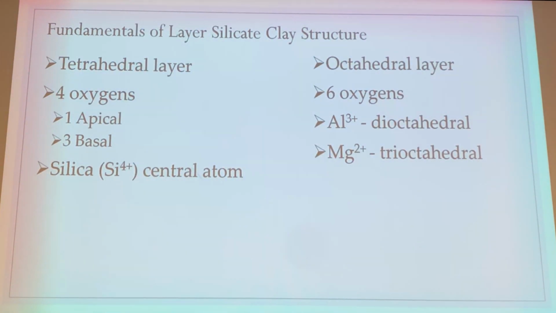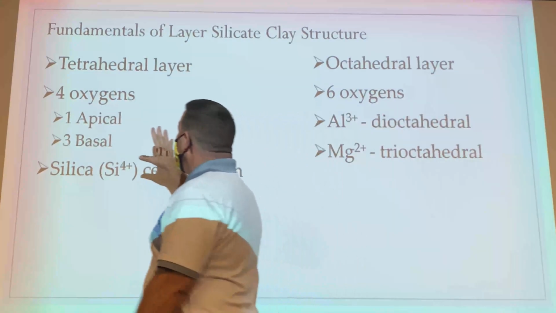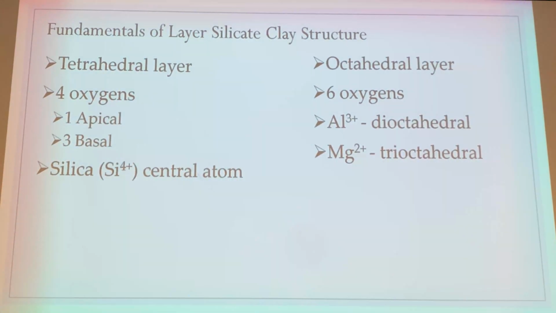All right, so we have 2 of these fundamental structures within our soils, within our soil colloids. We have a tetrahedral and an octahedral. For our tetrahedral, the silica is going to be our central atom, so that's +4, which balances out the 4 oxygens that are surrounding it. It kind of looks like a pyramid.